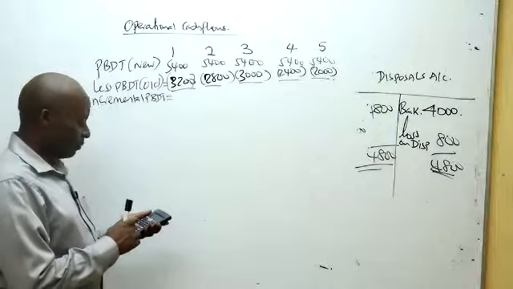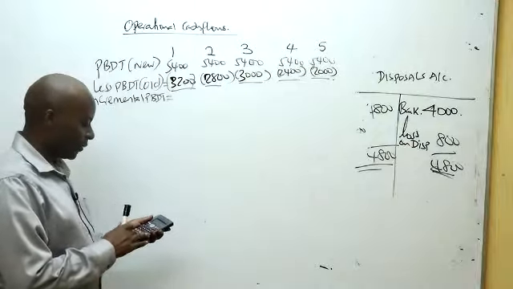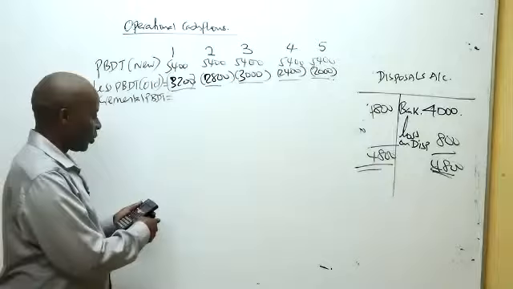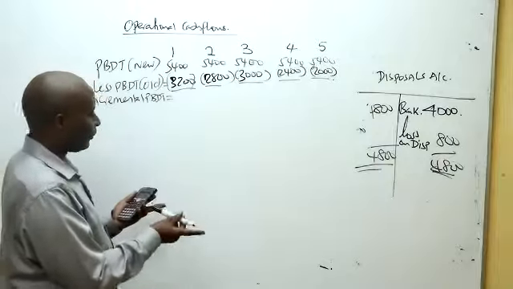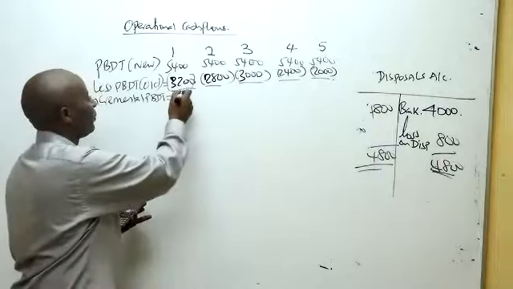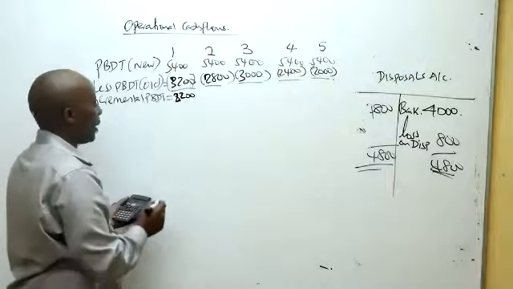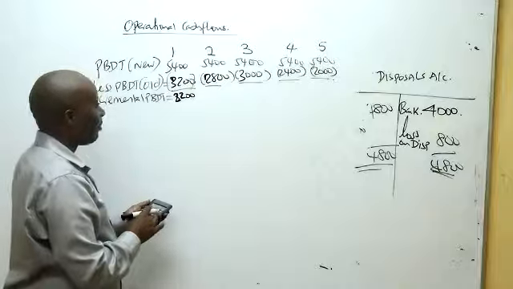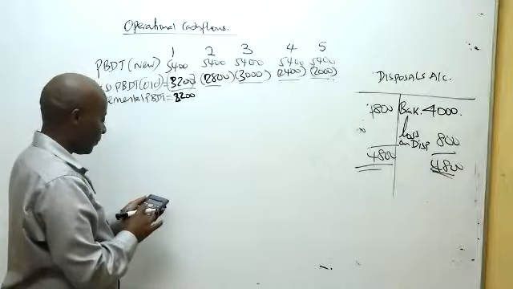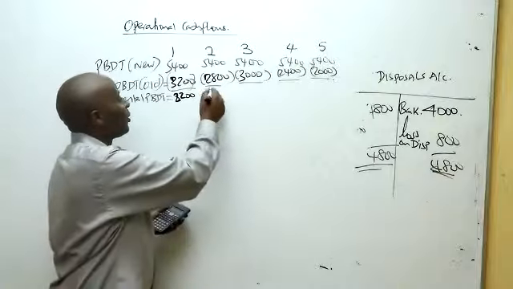5,400 minus 3,200 gives us 2,200. So 5,400 minus 2,800 gives me 2,600.